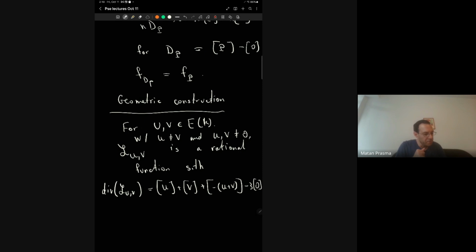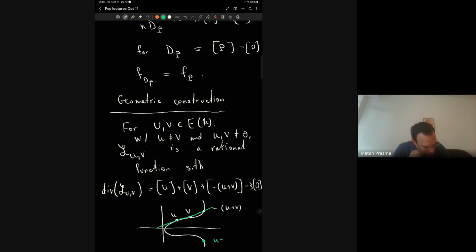And then the divisor of LUV, it's like the line that passes through U and V. So if this is U and this is V, then somewhere here is going to be minus U plus V, because U plus V is taking the intersection and reflecting it.